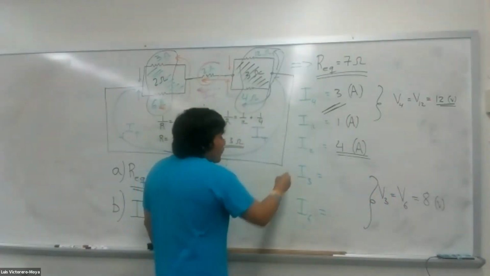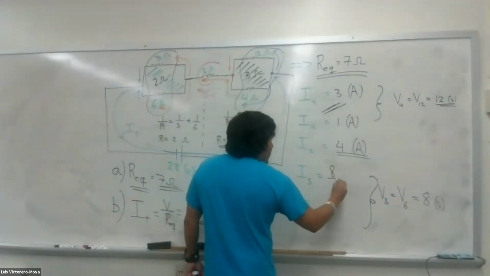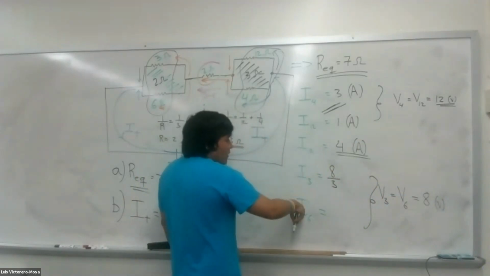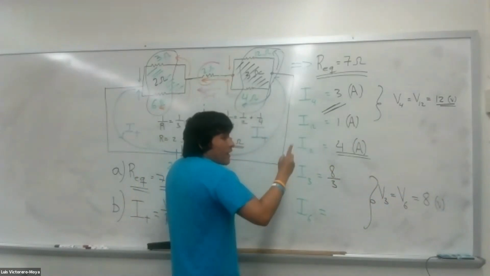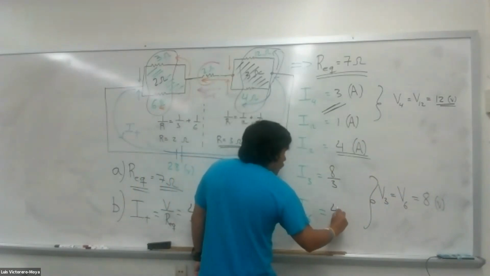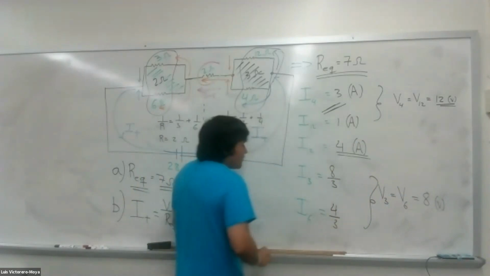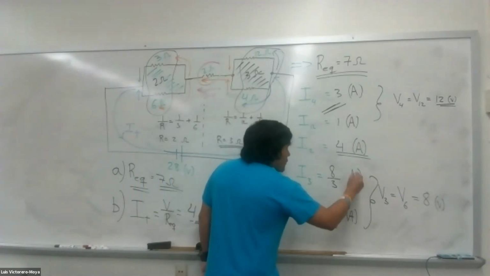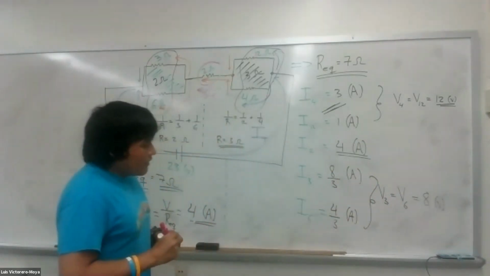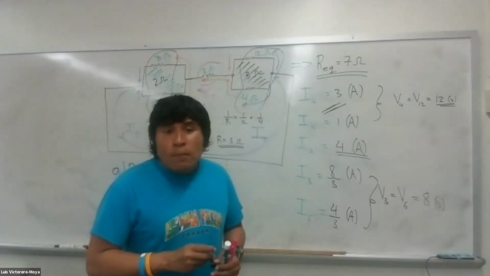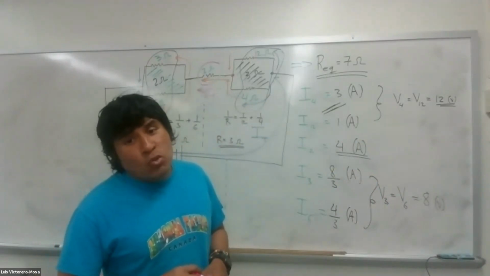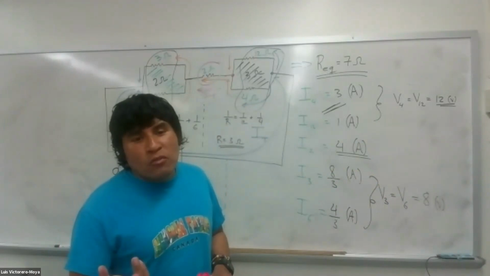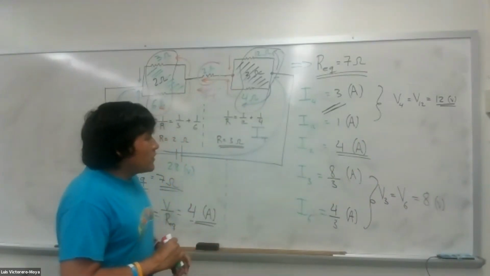So what's the current on 3? 8 divided by 3. What's the current on 6? 8 divided by 6, 4 over 3. All right, those are fractions. 4 over 3 plus 8 over 3 is 12 over 3. How much is 12 over 3? 4 amperes. So that's how you do it.